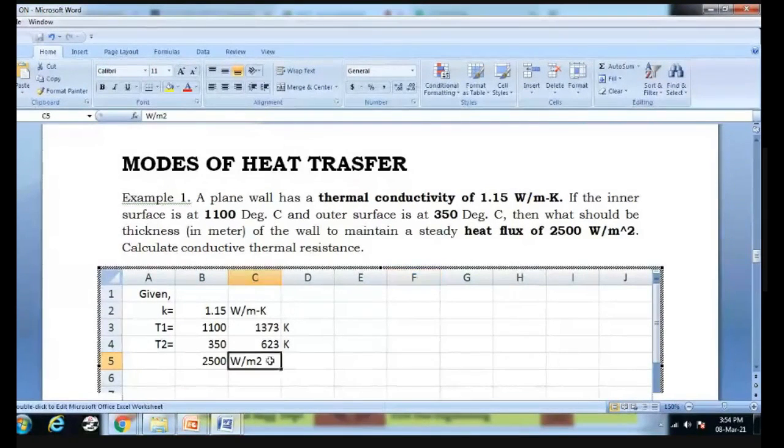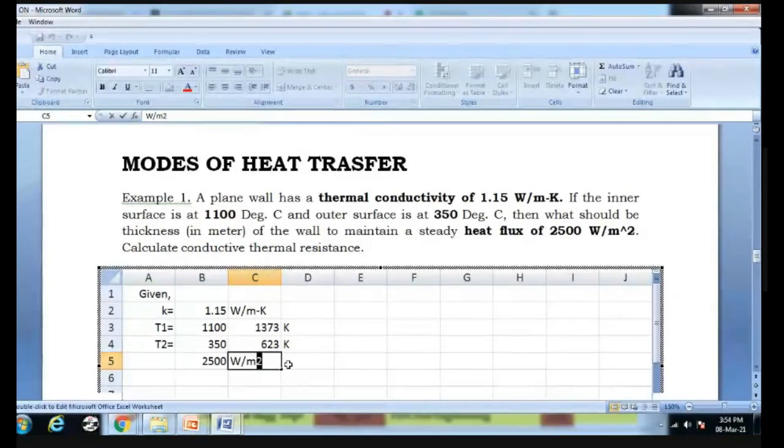Fine. So let me tell you, when you go to Excel, you get so many different accessories, so many different tools to get your data in good condition, right? So I want this watt per meter square. That 2 should be a superscript. So what will I do?